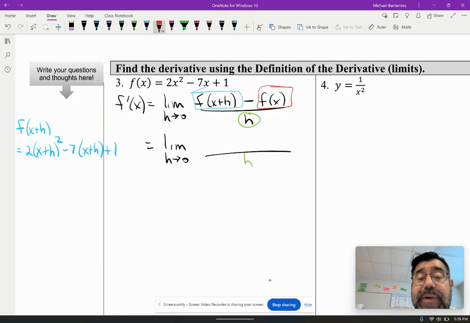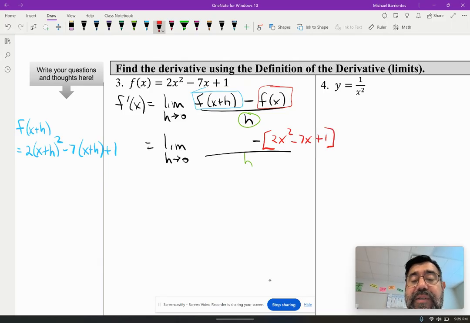And then this part, f of x, well, that would be this formula that we were given, right? So what I can do is I can say I'm going to subtract this f of x, but notice there are 3 terms. So I'm going to put them all in this bracket because I'm going to subtract each of those terms. I need to subtract each of those terms. This other blue part, we're going to have to figure out here.